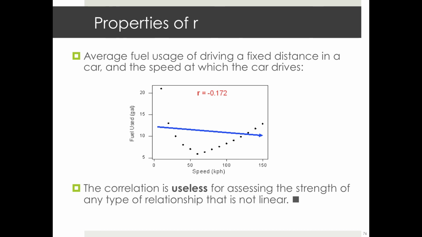Let's suppose we look at the relationship between two variables, speed and fuel used, how fast a vehicle goes and how much fuel it uses. So the average fuel usage of driving a fixed distance in a car and the speed at which the car drives.